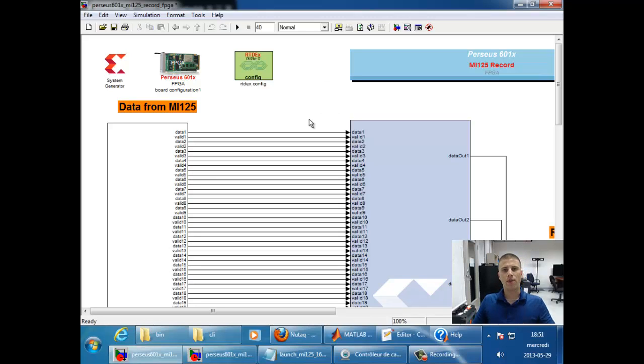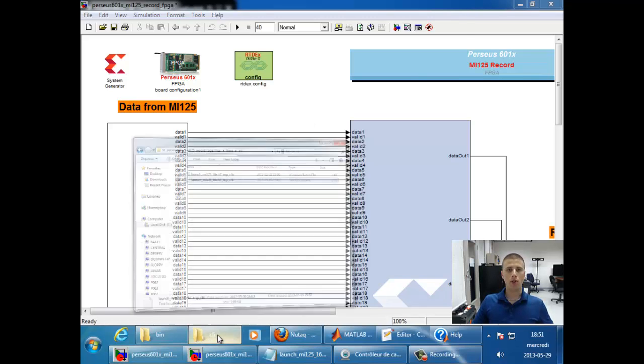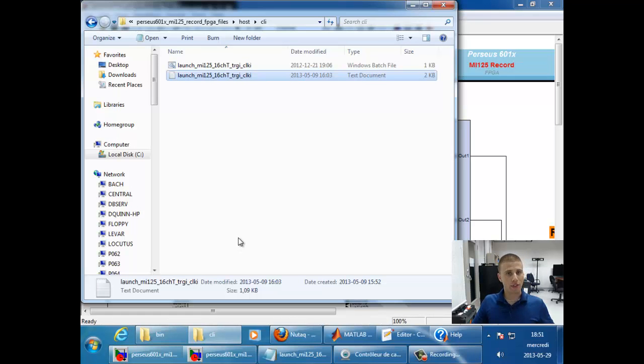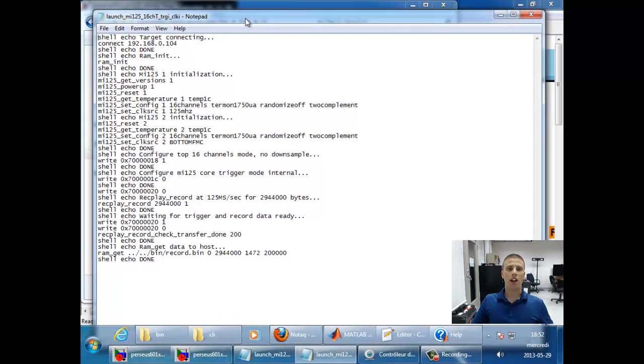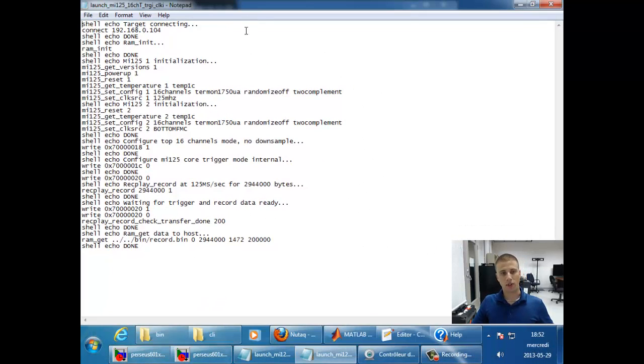FPGA of the board. Once the FPGA bitstream has been downloaded into the system, I'm going to use Nutaq's command line interface to trigger the acquisition on the 16 channels of the MI125 card at a sampling rate of 125 megasamples per second. I'm using here the Nutaq command line interface script that was supplied with the installation of the Nutaq software tool suite.